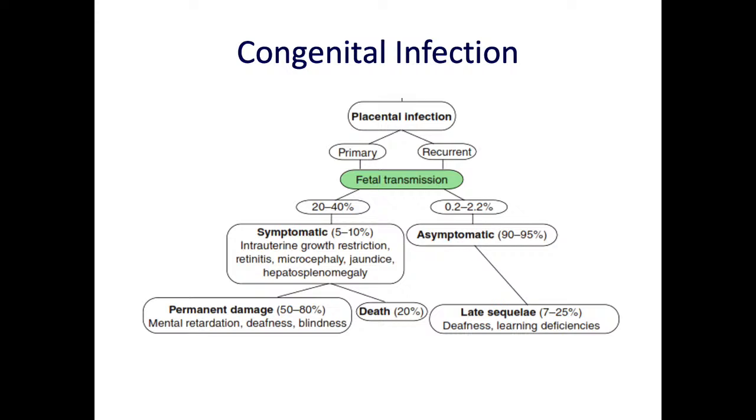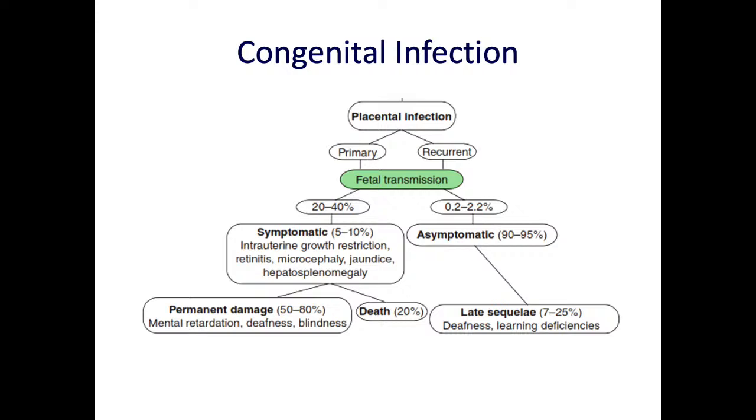Rubella virus also causes severe congenital infections, but nowadays we have a vaccine, and this infection is prevented. So nowadays mainly cytomegalovirus is causing congenital infections and abnormalities and developmental and other issues in babies.